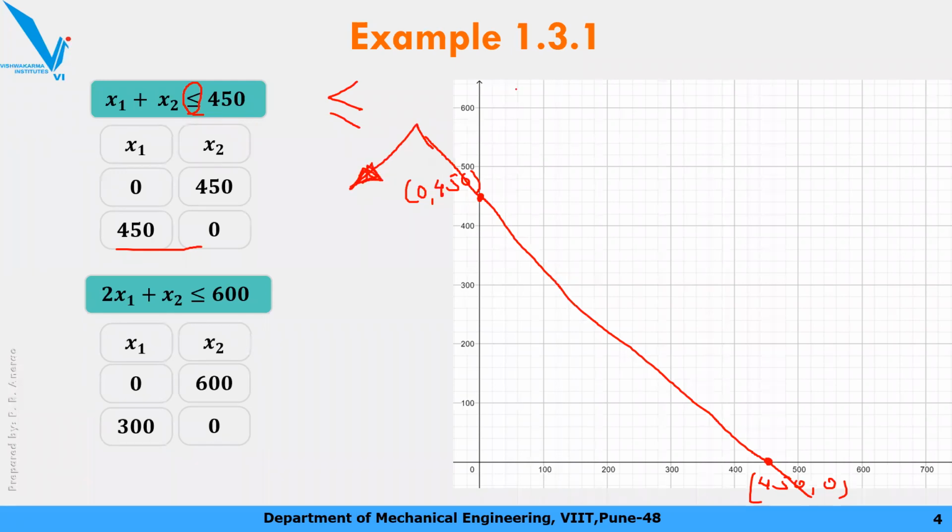If you had this kind of equation, x1 plus x2 greater than or equal to 450, greater than means your feasible region, आपका जो आंसर रहेगा, it will be away from the origin. Okay, so greater than अगर होगा तो लाइन के outside, away from the origin. If it is less than or equal to, it is towards the origin. Your feasible region is below this or towards the origin. Okay.